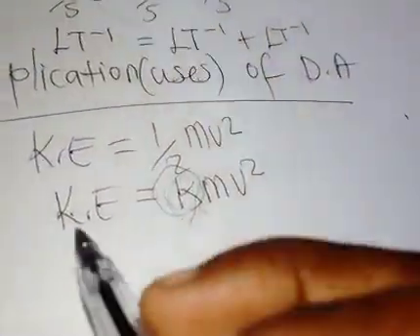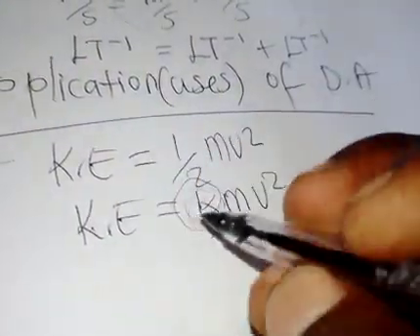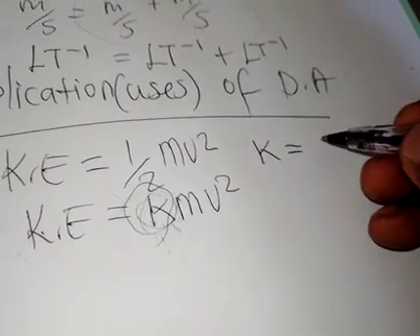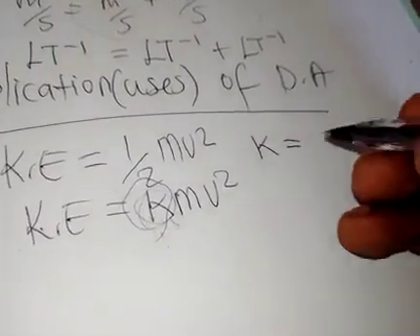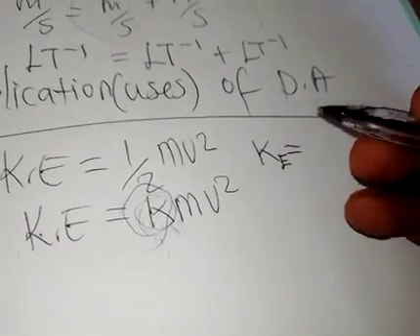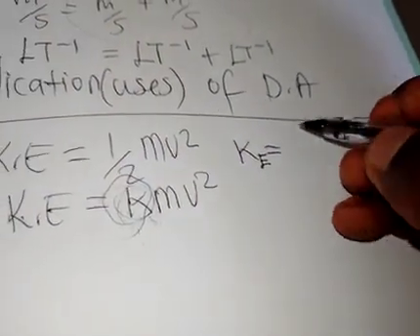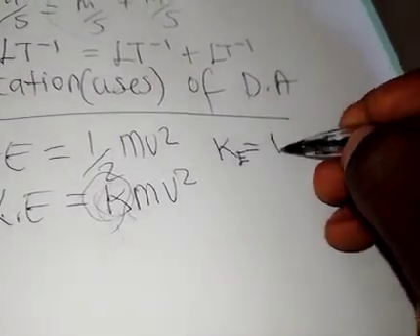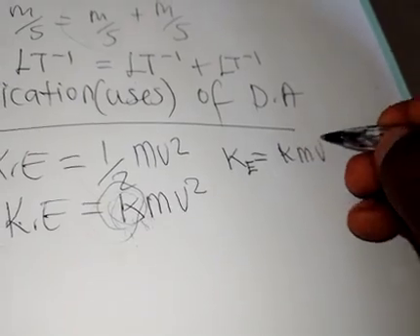Okay, so for simplicity, let me just use kinetic energy equals k mv squared.